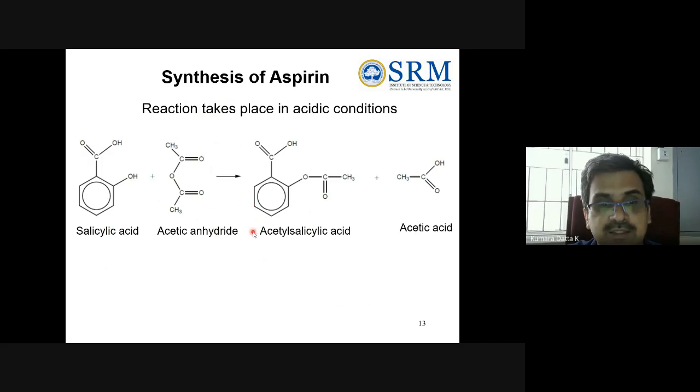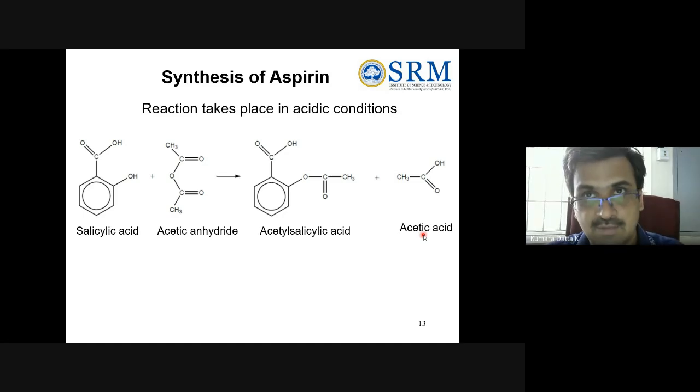If you react these, one hydrogen is taken away as acetic acid and you get the OCOCH3 group. So we get acetyl salicylic acid, and acetic acid will be the byproduct.